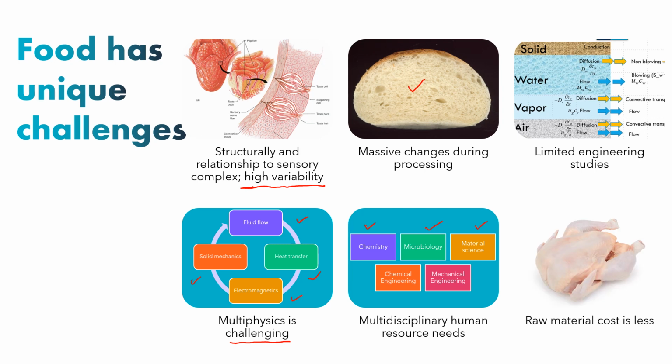And finally, the raw material cost is not as much as many other man-made materials, and so there is less incentive in understanding these in the most precise way and building a model.